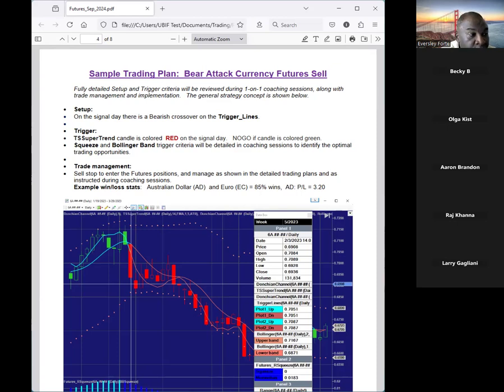So we don't take long trades that close above the upper Bollinger Band. And depending on the setup, we may not take trades closing below the lower Bollinger Band, because that's a two or more standard deviation move in one direction. And statistically, that market is set to pull back somewhat after that bigger move.